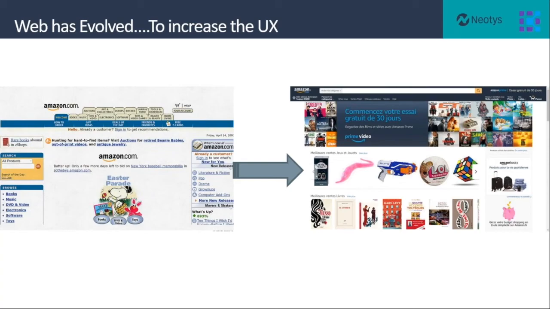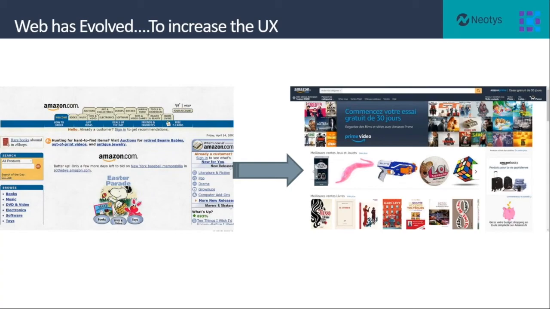Here I took a screenshot of Amazon 10 years ago, and on the right side you've got Amazon today, and you can see that something happened. It was a nice design 10 years ago, and I'm not saying that the design was bad.